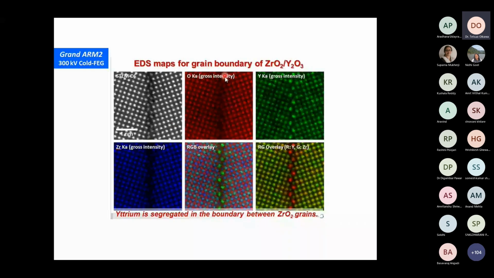The yttrium characteristic X-ray map is shown here in green, oxygen in red, and zirconium in blue, reconstructed in RGB. We can clearly observe the zirconium oxide and the segregated yttrium atomic positions at single atom resolution. This is the performance of the aberration corrected analytical electron microscope. We can clearly observe single atom locations in the elemental distribution.